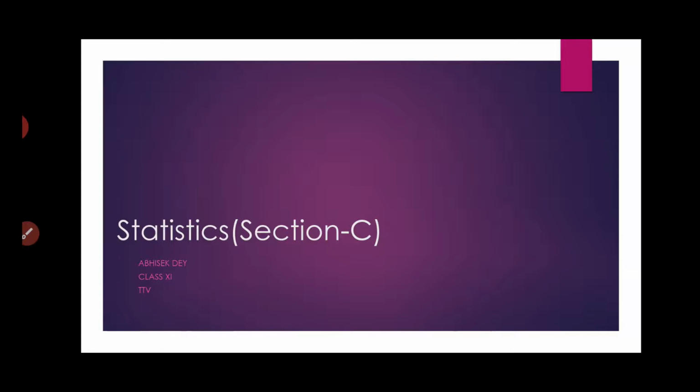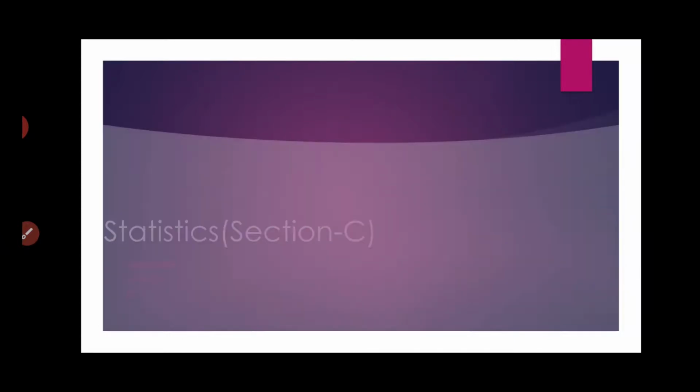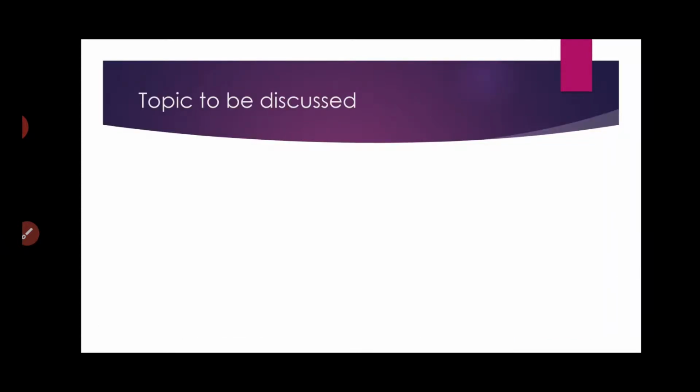Now there are so many different topics in this chapter, but due to the reduced syllabus, many topics have been cancelled. So we are going to limit our discussions to only those topics which pertain to the reduced syllabus.